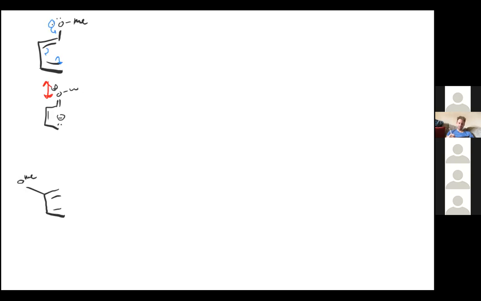Versus if our OMe isn't at this slightly shifted over position, these electrons can only move over to the top. So it's going to change how this is going to line up.